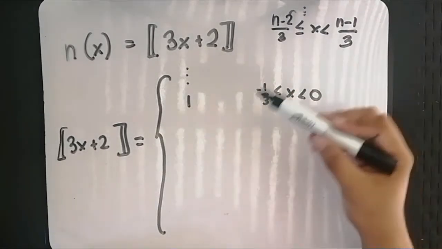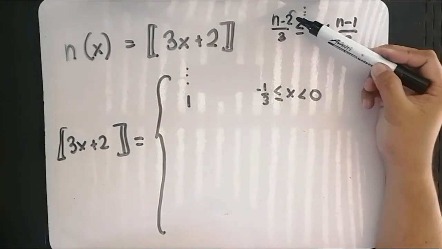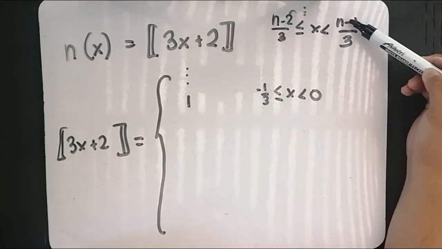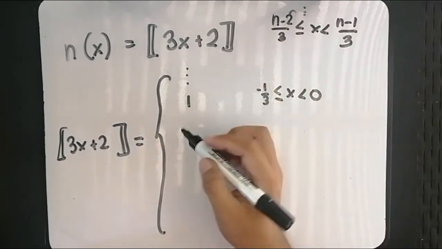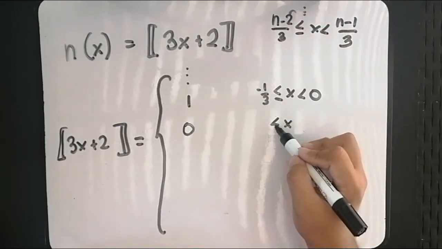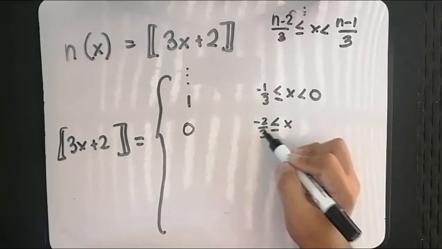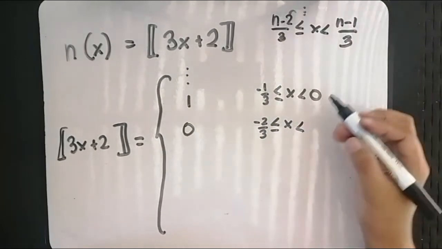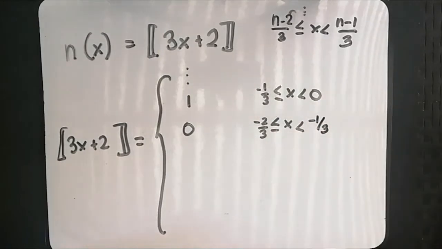Tama ba? Okay, kapag 1 yung nilagay natin dito, okay, tama. Negative 1/3, tapos dito 0. 0 naman siya kapag x natin is greater than or equal to negative 2/3, but less than negative 1/3.